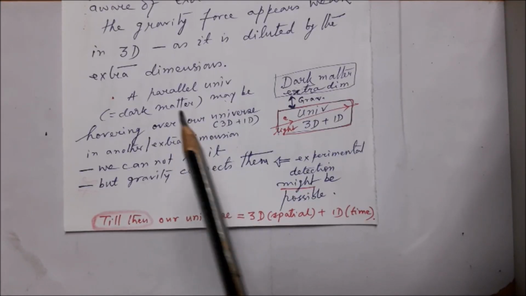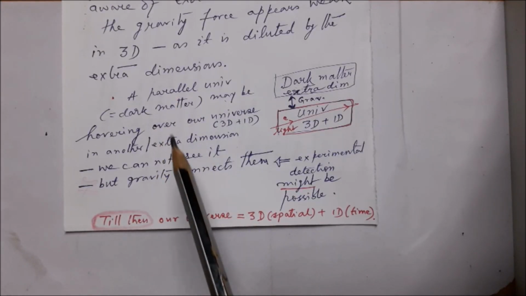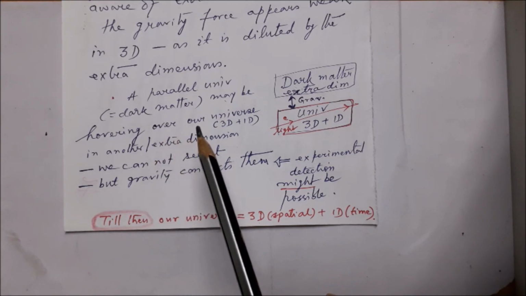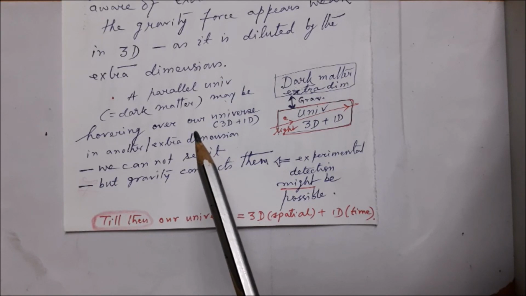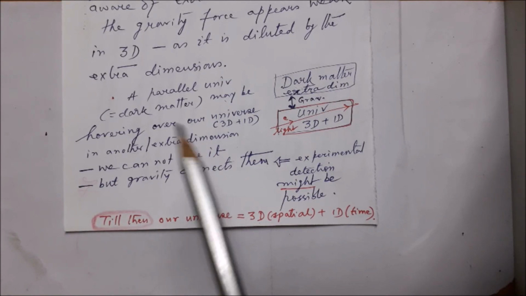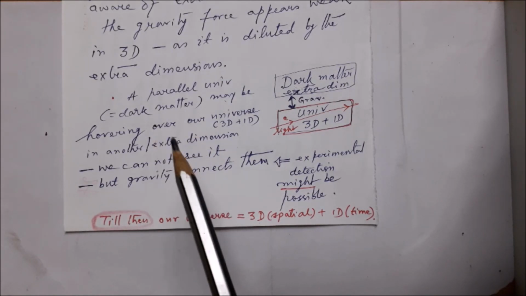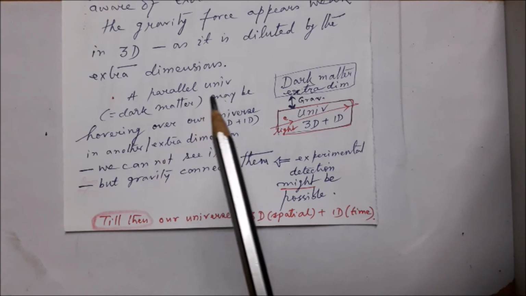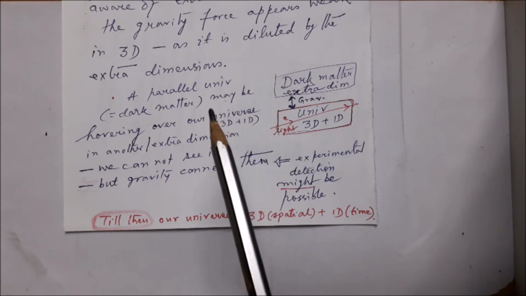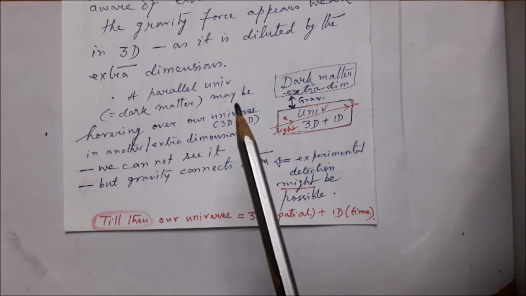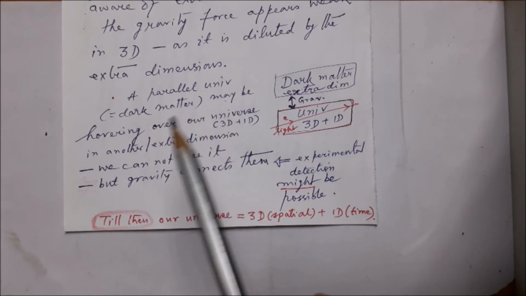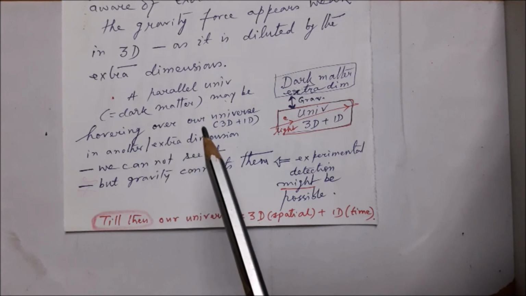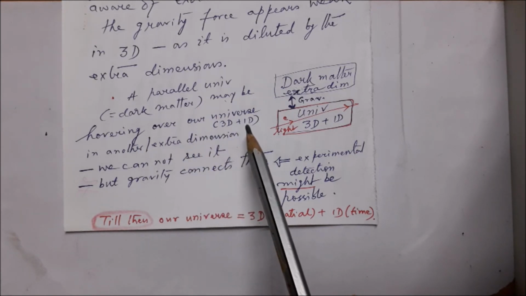Lastly, this opens up an interesting, rather spooky possibility. As extra dimension is not what we can observe, we can argue that a universe exists hidden in the extra dimension called a parallel universe involving dark matter that hovers over our universe, which is 3D plus 1D.